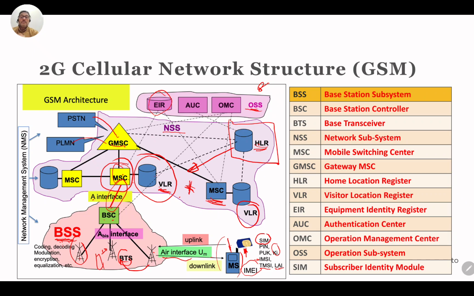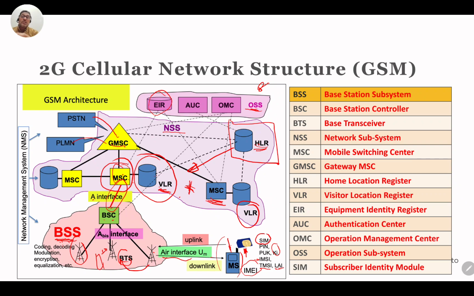The operation subsystem consists of three items: the operation and management center, the authentication center, and the equipment identity register. The operation and management center takes care of the operation process of this network.